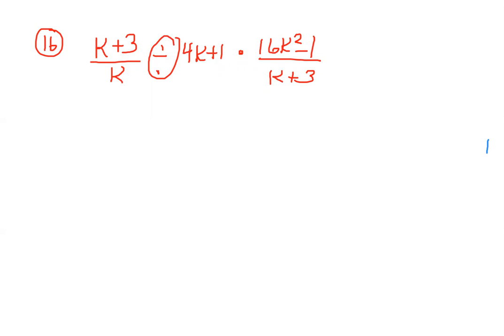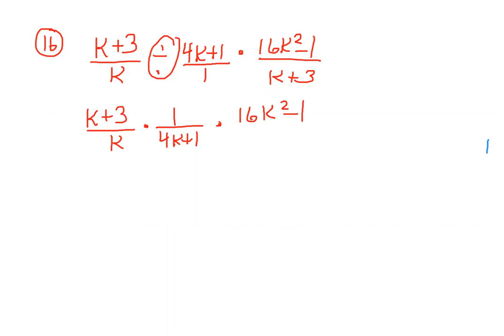We're going to change it to multiplication. So I'm going to rewrite it as k plus 3 over k times 1 over 4k plus 1 times 16k squared minus 1 over k plus 3. So this is the only one that we needed to take the reciprocal of.